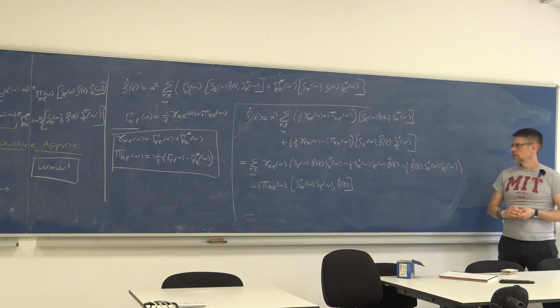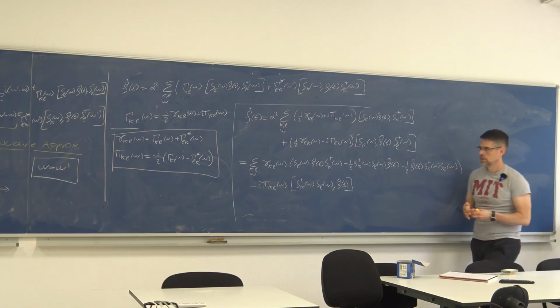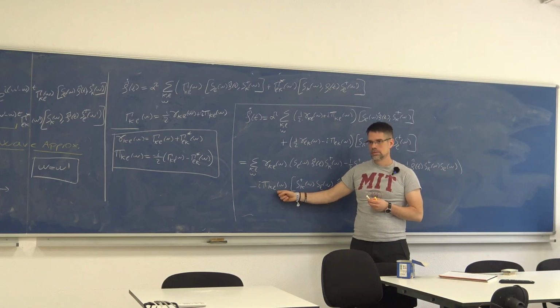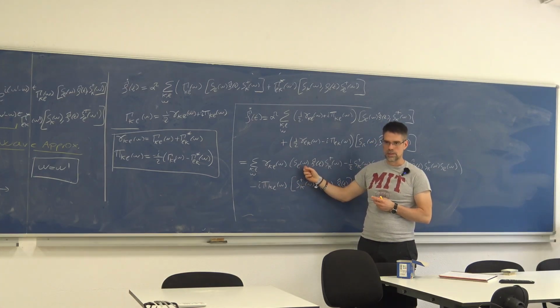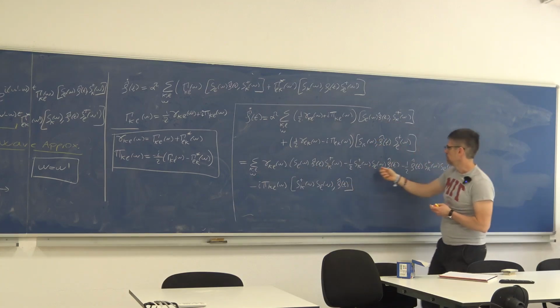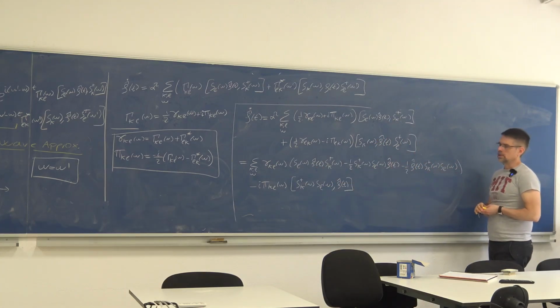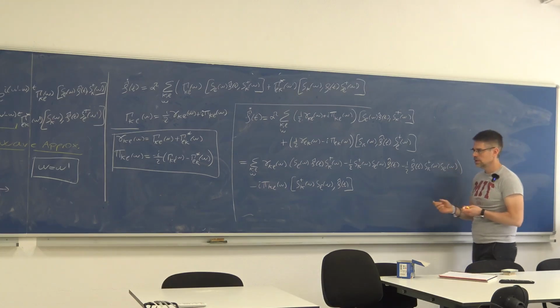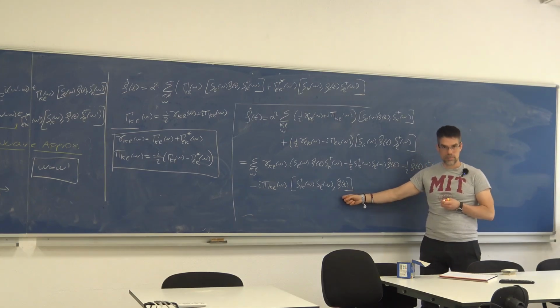Okay? So even if you are not used to the Lindblad master equation, here you can identify two parts. For sure, there is this part. And this other part that is different. Here we have a matrix. And we have this term that, if you know about the Lindblad master equation, you would recognize is the dissipative part. But even if you don't know the master equation, this should remind you of something.